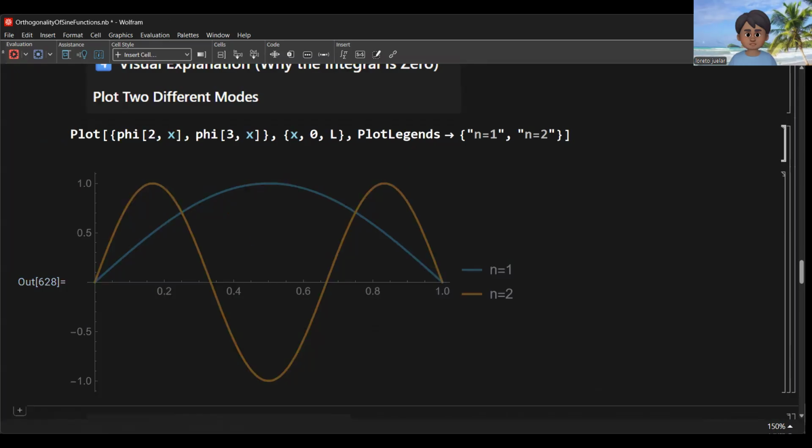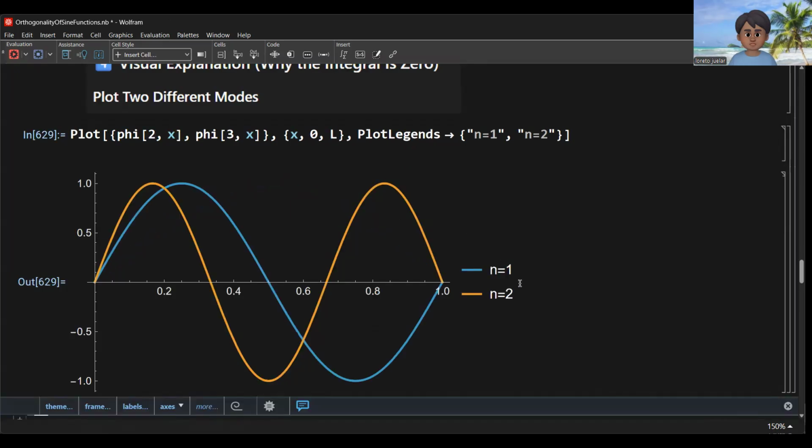We have two modes here, mode 1 and mode 2, and then mode 2 and mode 3. The highest point here is equal to 2, and the lowest point is equal to 1. So we have n equal to 3.